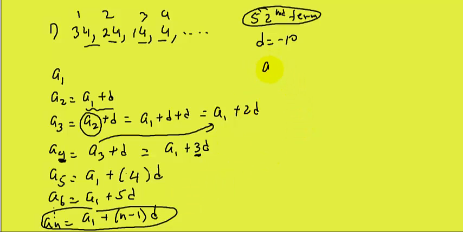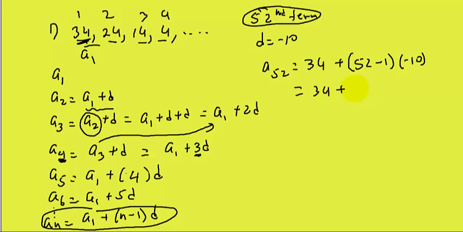We want to find a sub 52, which is going to be a sub 1. We know that to be 34. That's my a sub 1. So that's 34 plus n minus 1, which is 52 minus 1, times the difference, which is negative 10. So this is going to be 34 plus 51 times negative 10, which gives me 34 minus 510.